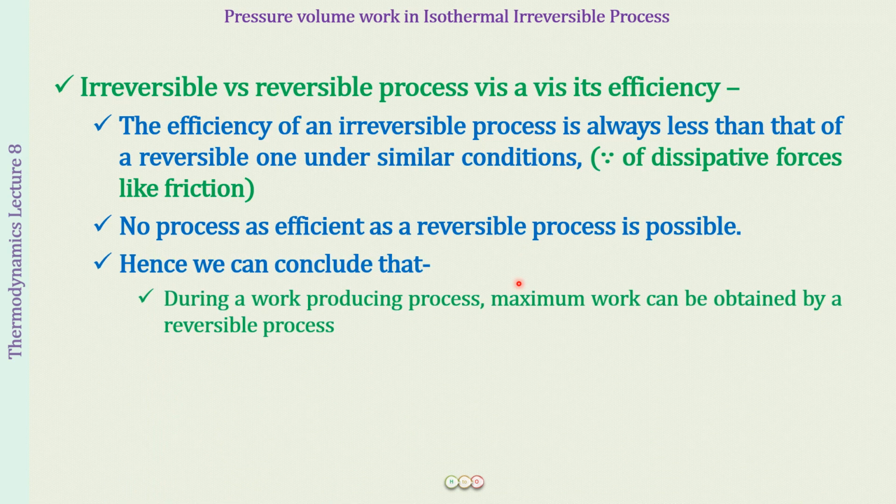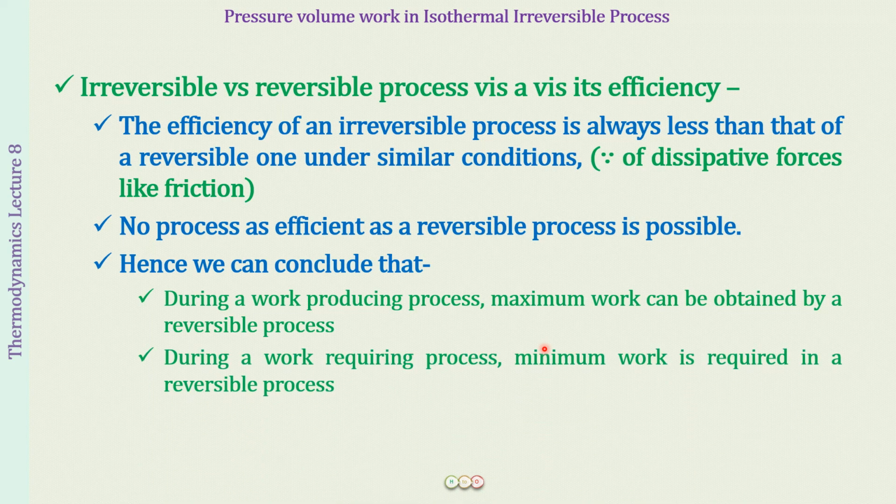So what we can conclude is, whenever there is going to be a work producing process, whenever the work has to be done by the system, maximum work can be obtained by the reversible process, which you have seen in the case of the expansion process. So in expansion, the reversible process was producing much more work as compared to the irreversible process. And whenever there is going to be a work requiring process, that will be work done on the system, minimum work is required in the reversible process.